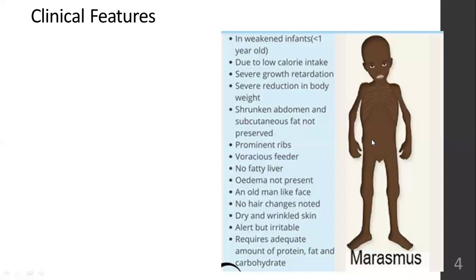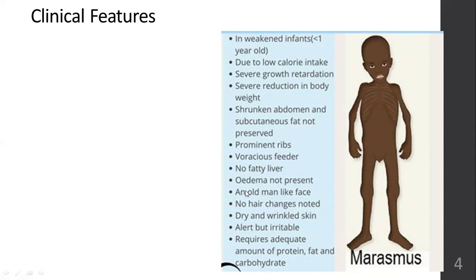Atrophy means it shrinks. Intestines of the child will shrink. It will become smaller. It will not function properly. So because of these complications, whatever feed you give to the child is not well absorbed by the body. So the child eats a lot, child is hungry, child has a lot of appetite, but it cannot keep up with the body's requirement.